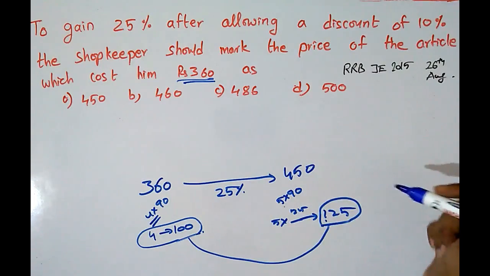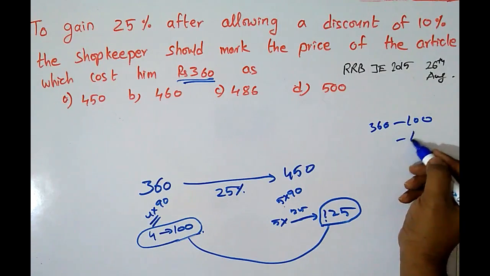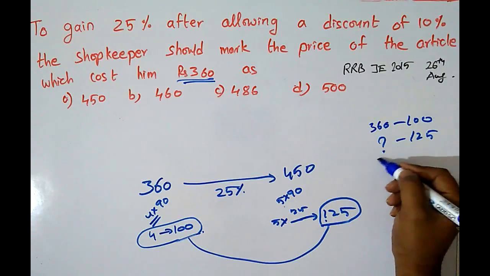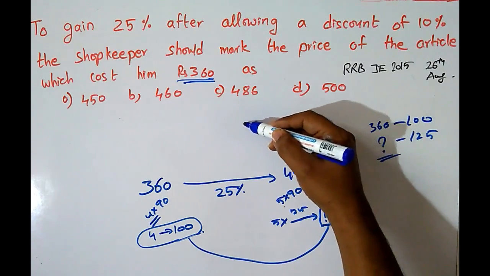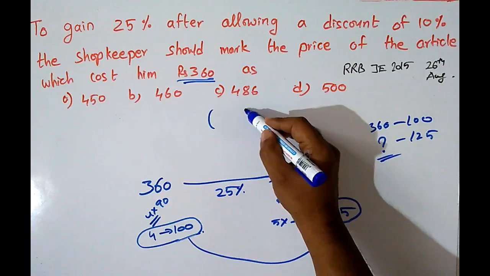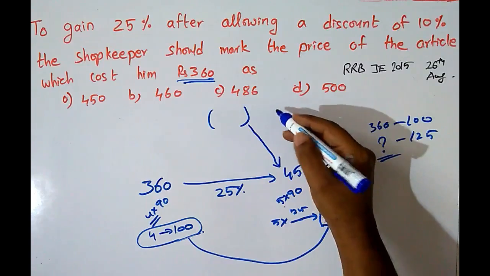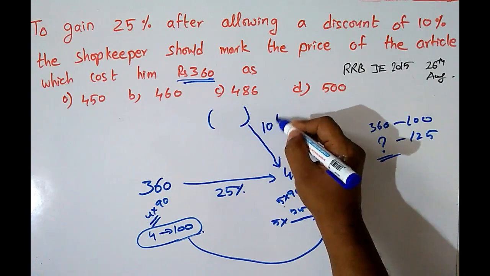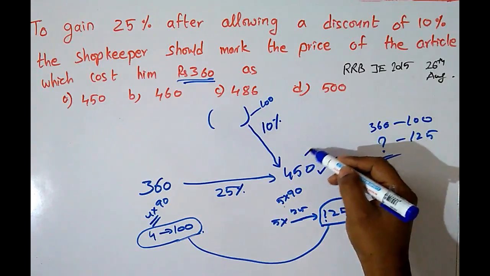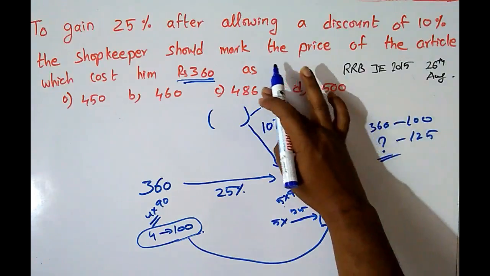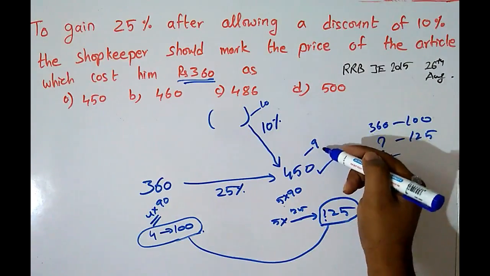Okay friends, you can find it. If 360 corresponds to 100, then what does 125 correspond to? By cross multiplying you can find it, you will get 450. See friends, but we have to find the market price. From this market price you will bring it down by applying the discount of 10%. If it is 10 parts, this should be 9 parts.